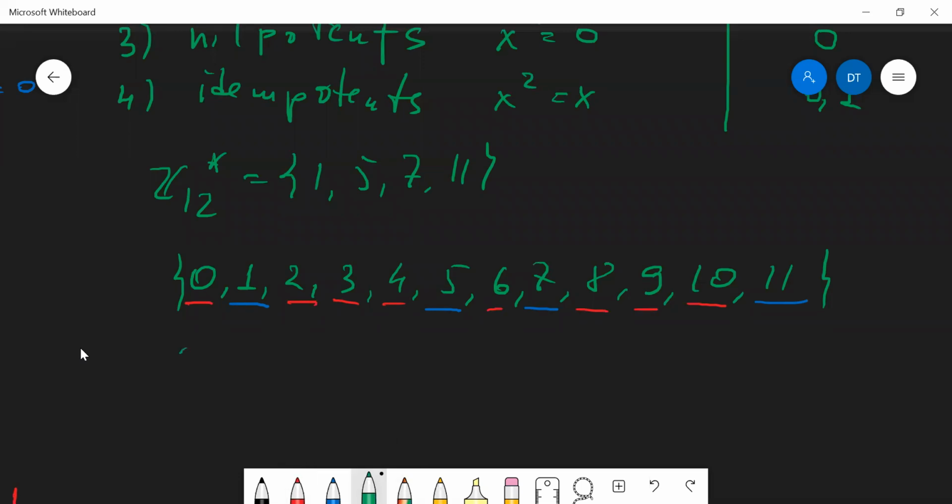If you multiply 2 by 6, you will get 12, which is 0. If you multiply 3 by 4, you will get 12, which is 0. If you multiply 9 by 4, you will get 36, which is divisible by 12, which is 0.